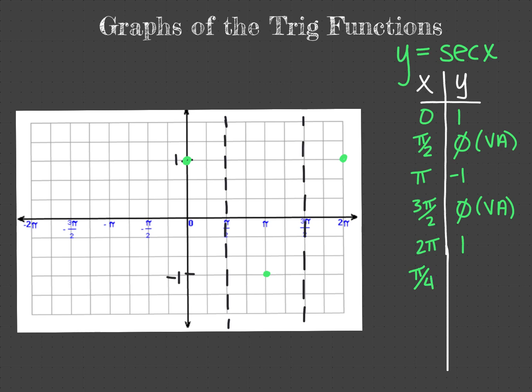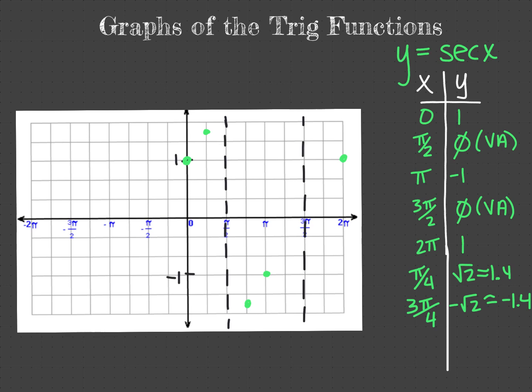Well, the reciprocal of root 2 over 2 is just root 2, which is approximately 1.4. Then at 3 pi over 4, which is right here, our secant value is negative root 2 or negative 1.4. So it's somewhere down here.